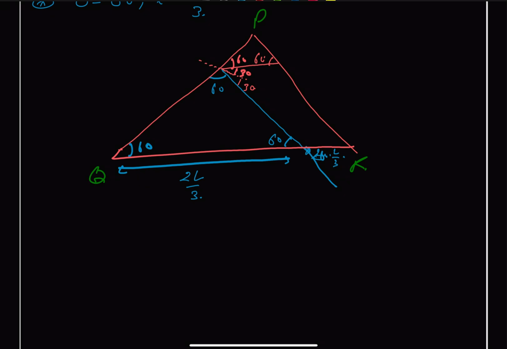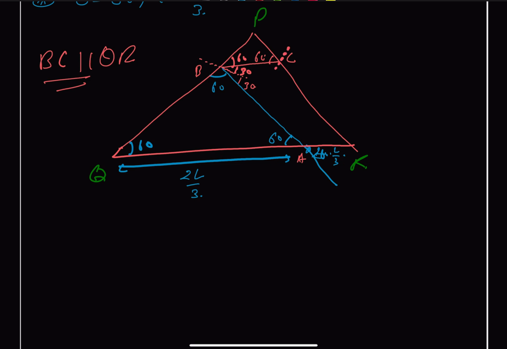So let us call this A, this is our B and this is C. So we can say our BC is parallel to QR. BC parallel to QR. And here we can just draw a normal. Something like this. This is C and this angle will be about 30, and the ray of light will be traveling somewhere here, so it is in this direction.